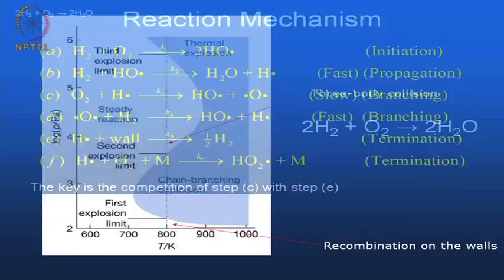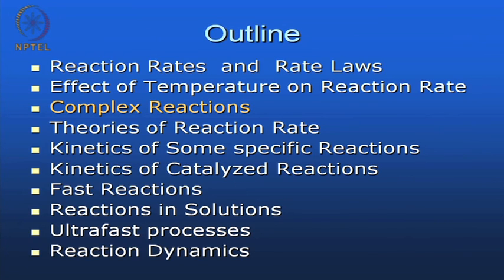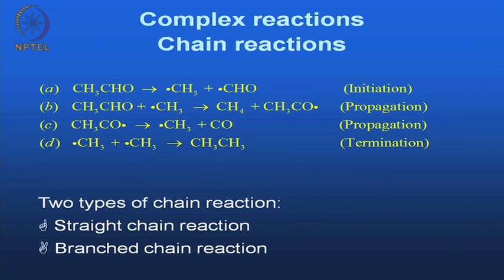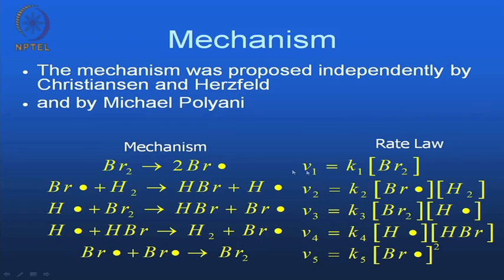So, what have we learned today in this lecture? It is a complex reaction. We started with types of complex chain reactions and talked about chain reactions. Then we took the H2 plus Br2 reaction and why it is fractional order with respect to Br2, which we explained using this mechanism.